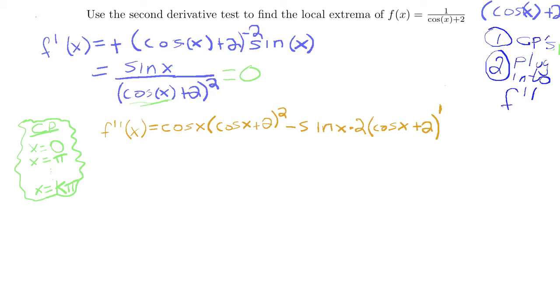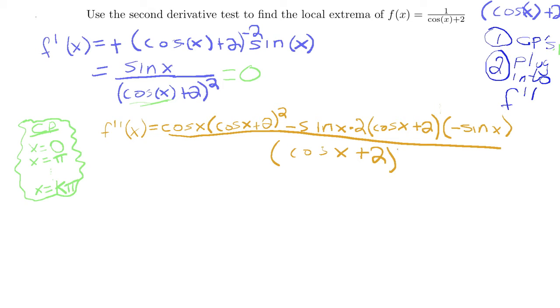Of course, you don't have to write it, but I'm not going to. And then times the derivative of the inside, which is negative sine of x. And then all of this is going to be over cosine x plus 2 squared, or in other words, to the 4th.